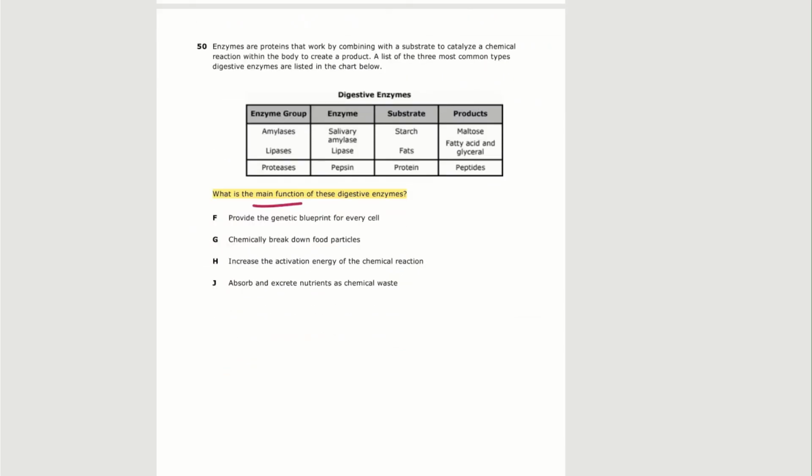What is the main function of these digestive enzymes? So, it says amylase, salivary amylase, starch, maltose products. So from starch, I'm thinking it turns to maltose because this is a product. Lipase, fats, fatty acid. Protease, pepsin, protein, peptides. It looks like starch, fats, and proteins are big and these products are small.